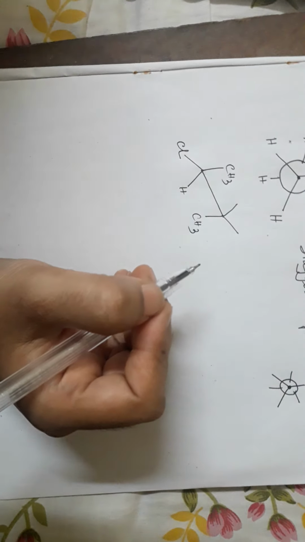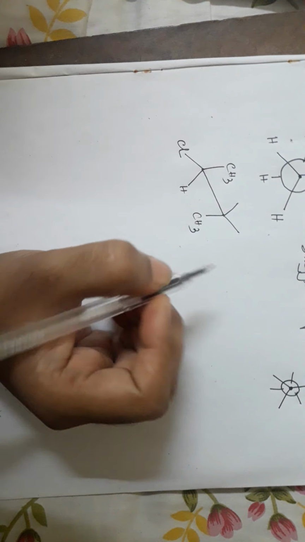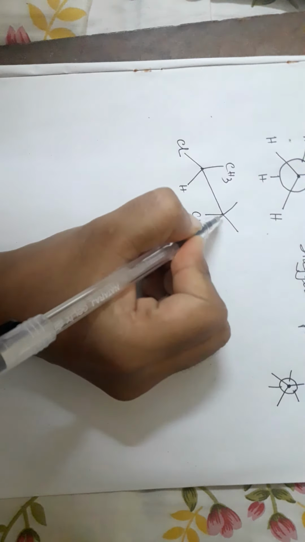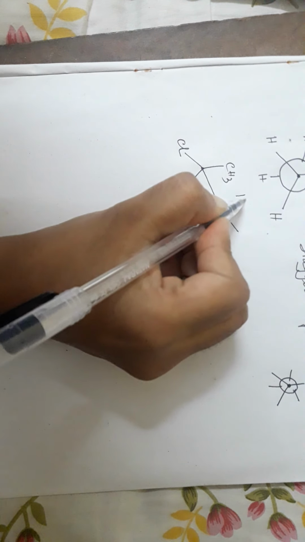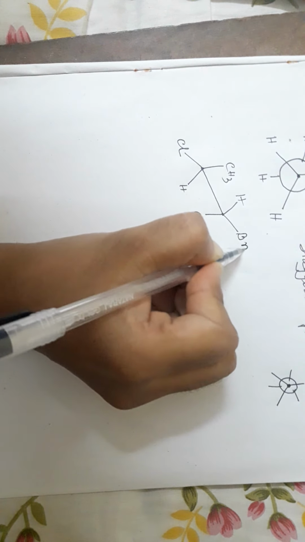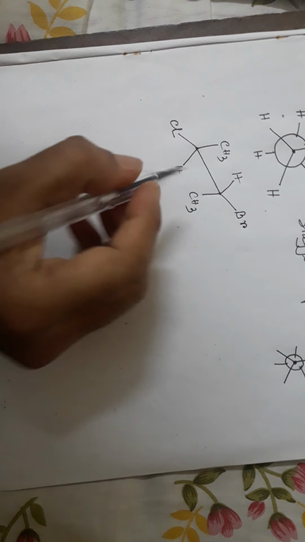So it is a front carbon, this is our back carbon which is linked with like that. So it is our Sawhorse.